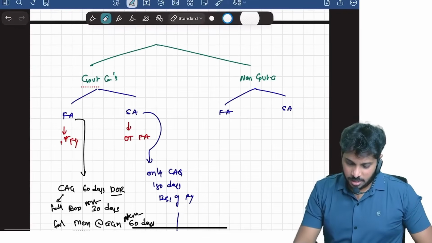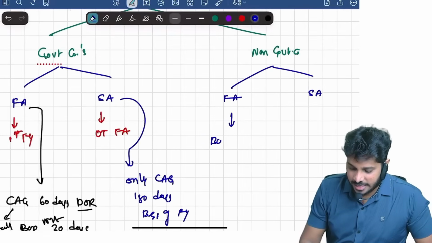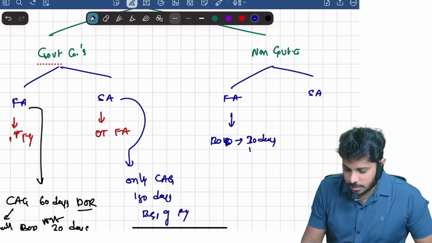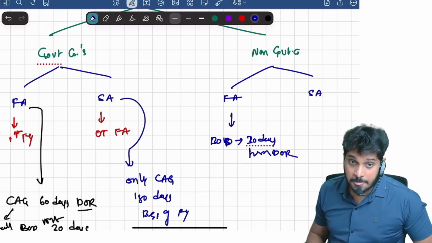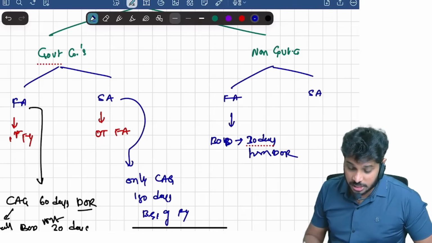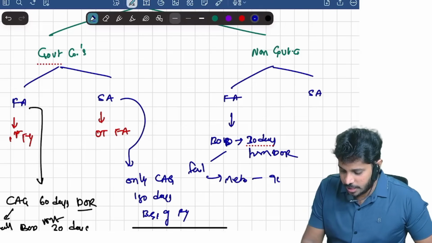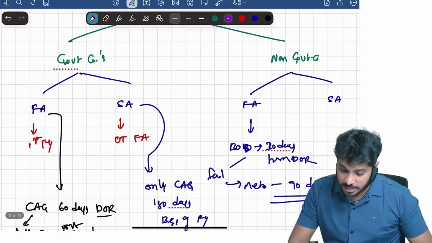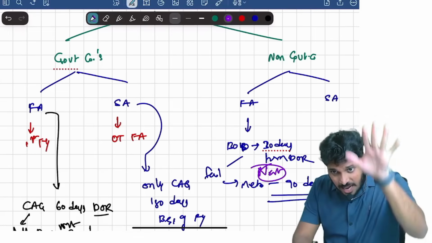Now again, non-government company, first auditor: the board of directors shall appoint within 30 days from the date of registration. If they fail to do so, then members will appoint within 90 days. Here the question is whether it is the next 90 days or 60 days after 30 days.